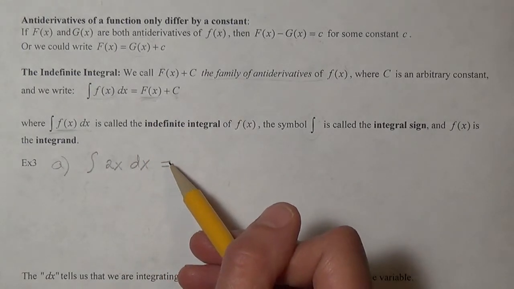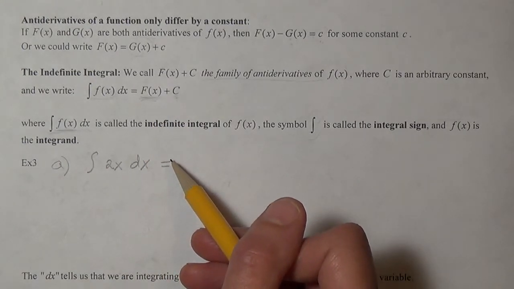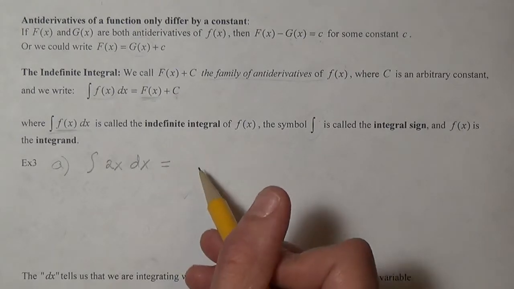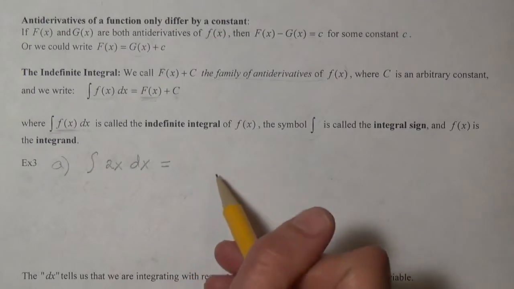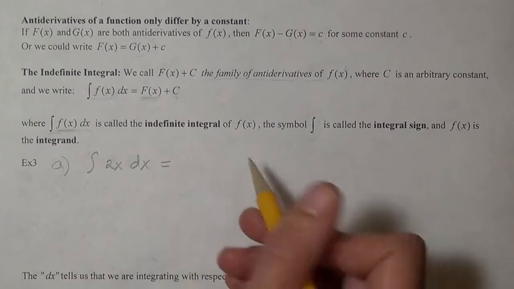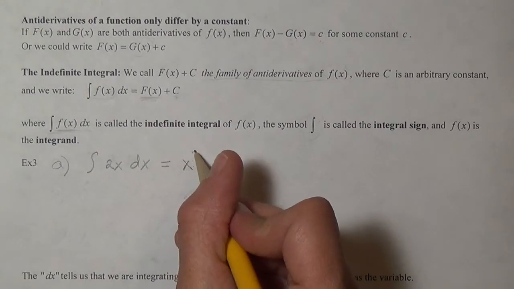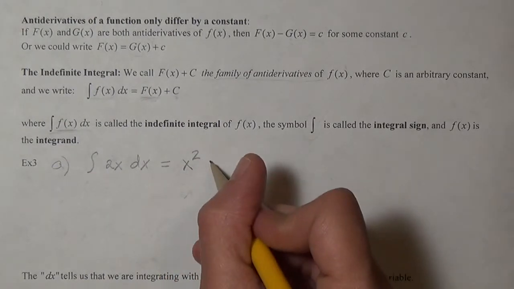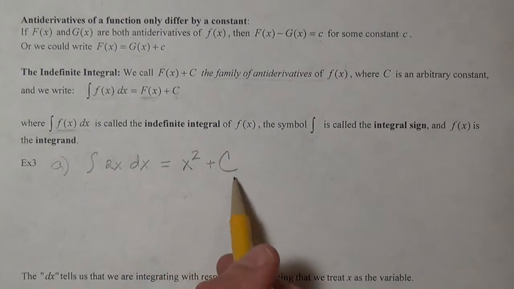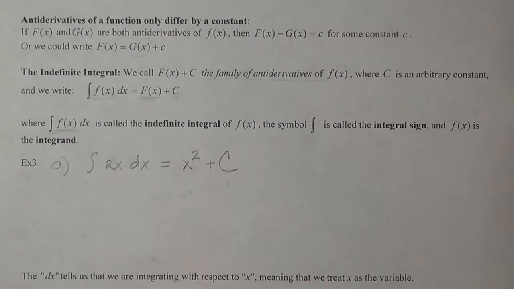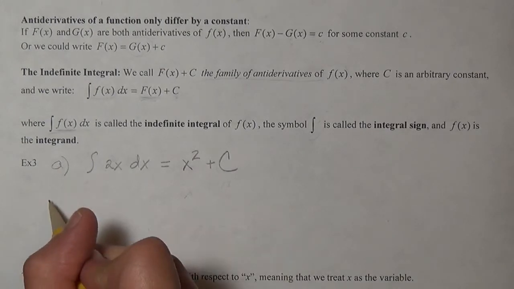So in example 1, we saw I had two antiderivatives, x squared and also x squared plus 5, but let's just pick the simplest antiderivative, the one in which the constant is 0. I'm going to use x squared, and then if I add all possible constants, I get the family of antiderivatives of this function.